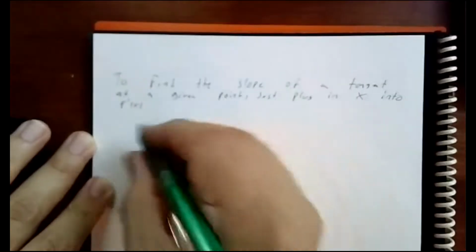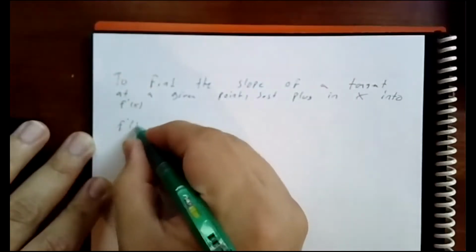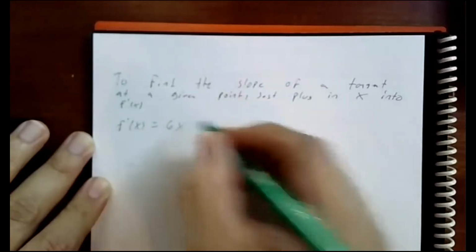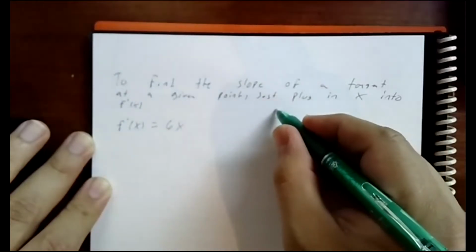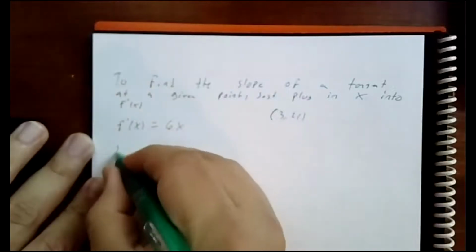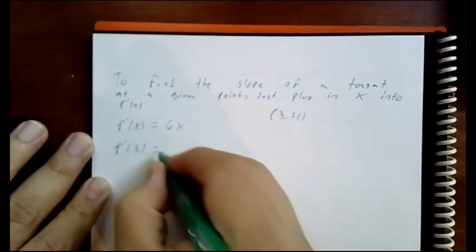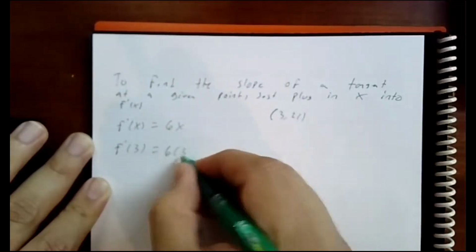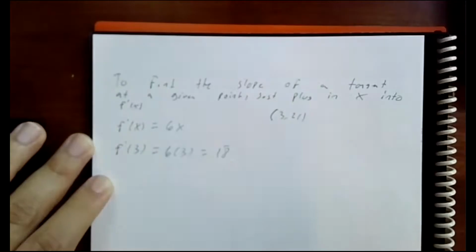So they gave us this point, right? So we have the derivative of 6x, and we had a point of (3, 21), right? So f prime of 3 is equal to 6 times 3, which is the slope.